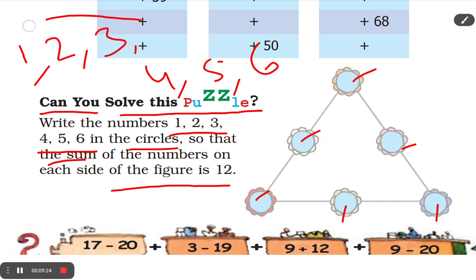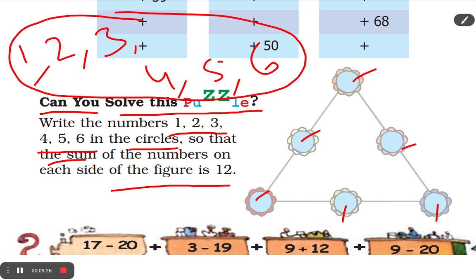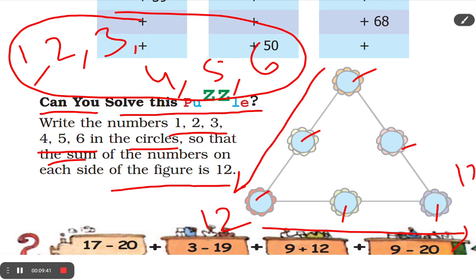Now you have to arrange all these 6 numbers in these circles, so that if you add any side, suppose if I add like this, it should give me 12. If I add like this, it should give me 12. If I add like this also, it should give me 12. I have to arrange like that.